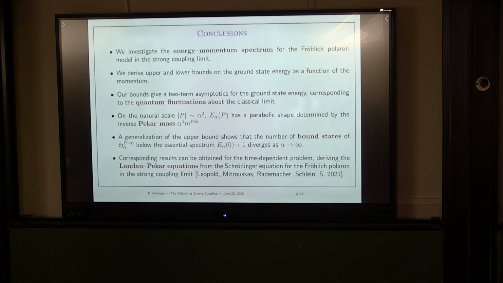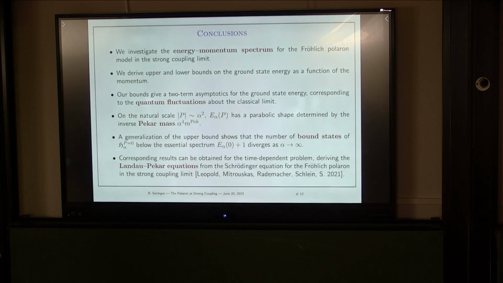And the goal was basically to derive upper and lower bounds on the ground state energy, or more precisely the ground state energy as a function of the momentum. In order to do this, we needed to zoom in, if you want. We needed to know the energy in this direction up to terms little o of 1 in order to resolve this effectively small gap where things become interesting.